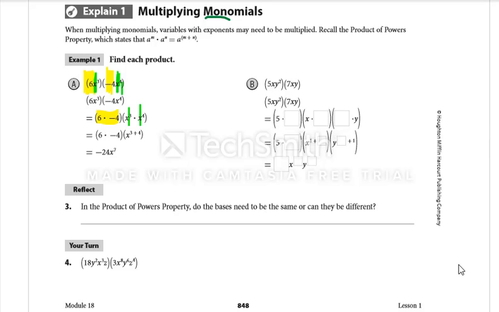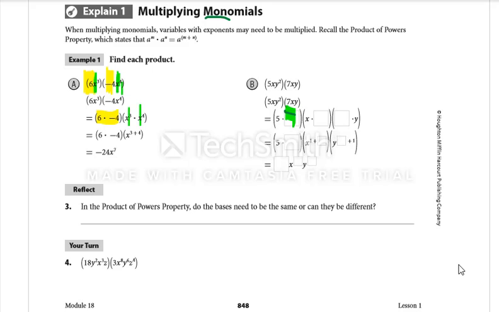All right. Similar idea over here for part B. The number out front, 5 times the 7.